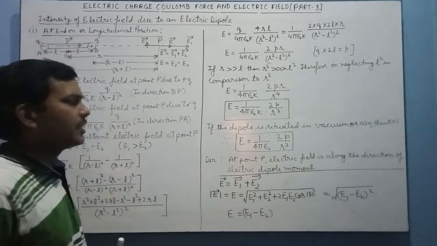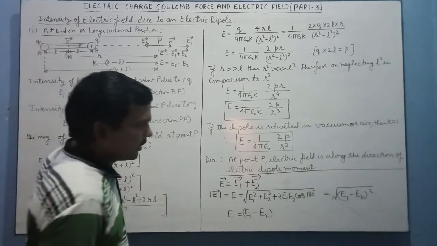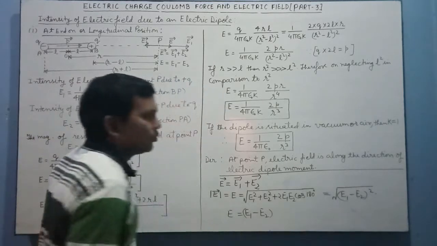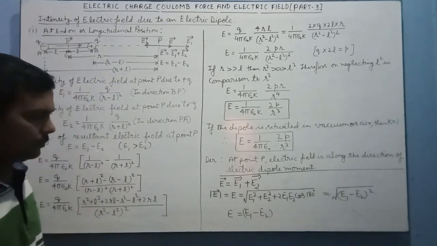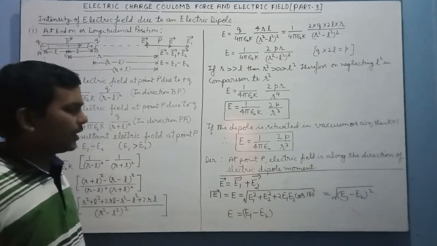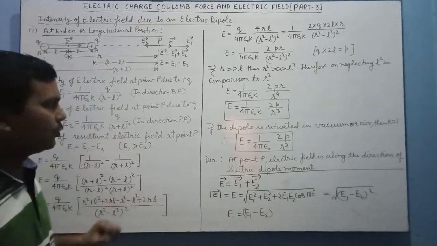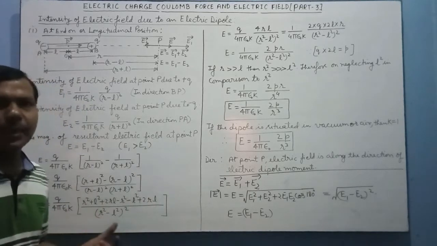Now you can say that it can also be written as E2 minus E1. Why is it written E1 minus E2? The answer is very simple.